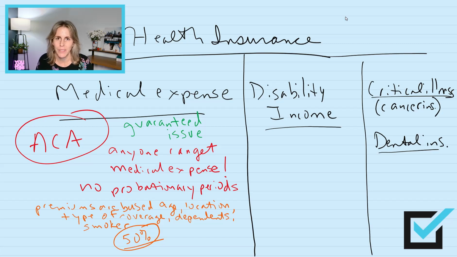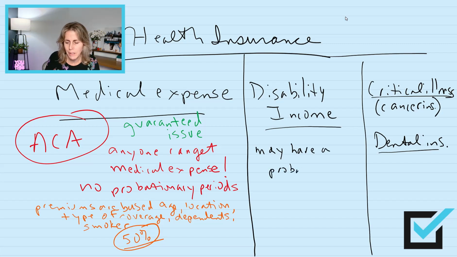This is just a general video. General health insurance exam. Medical expense: anyone can get it. Individual policy, group policy, where you work. Nobody can be told no anymore. Disability income may have a probationary period, may have a pre-existing condition clause.